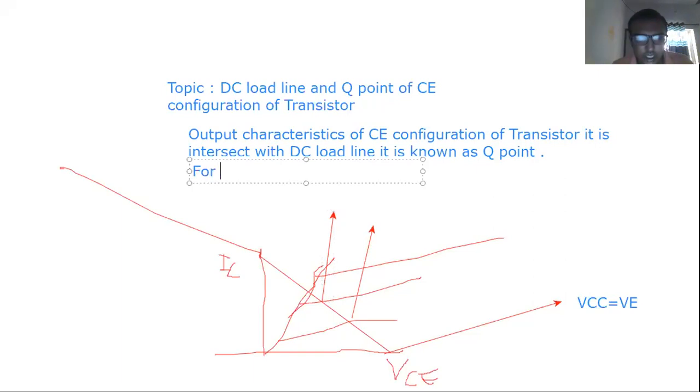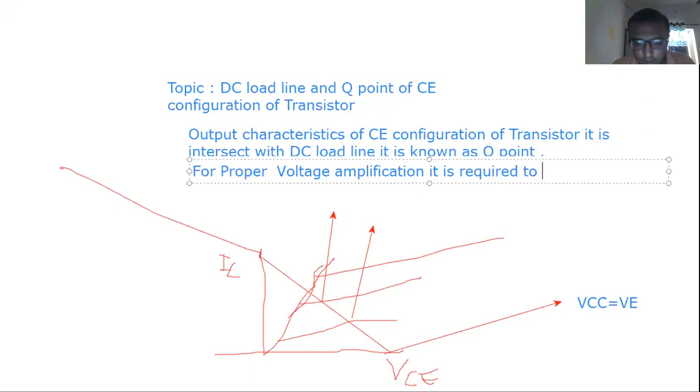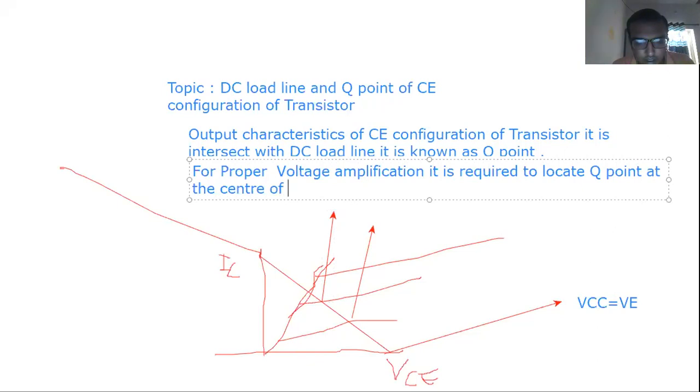For proper voltage amplification, it is required to locate the Q point at the center of the DC load line.